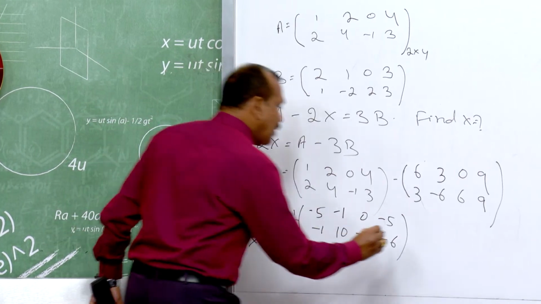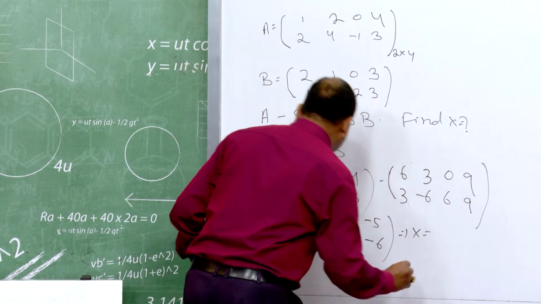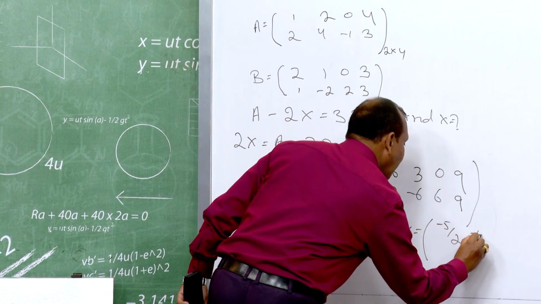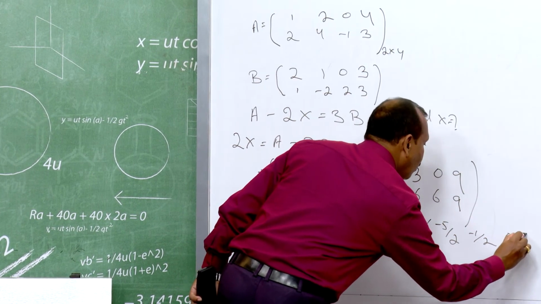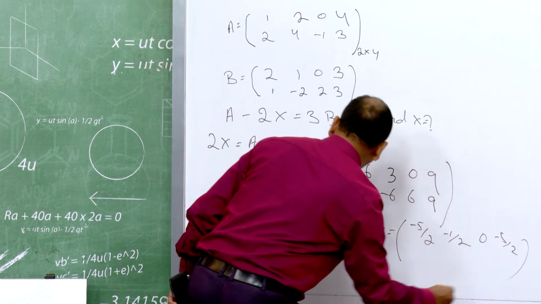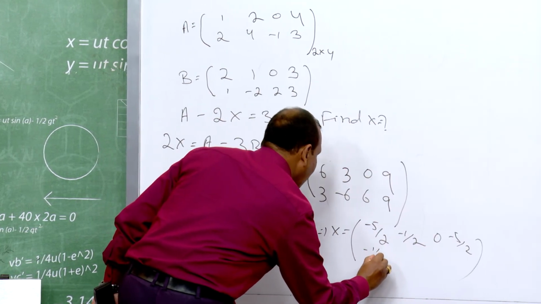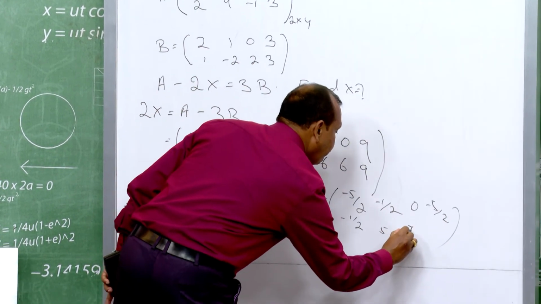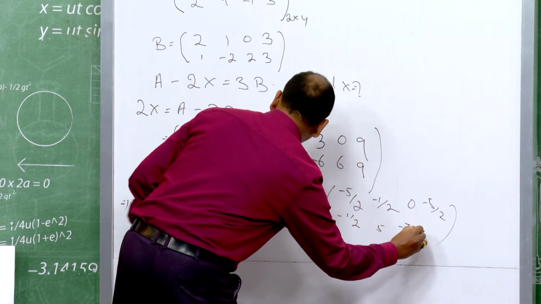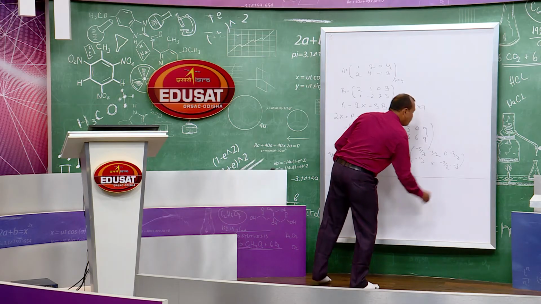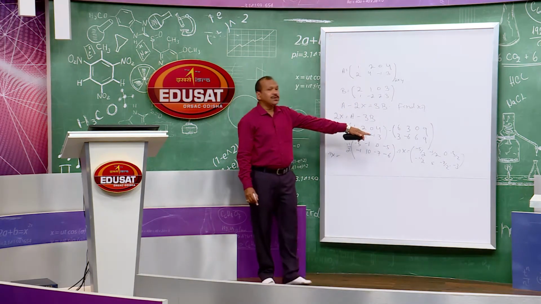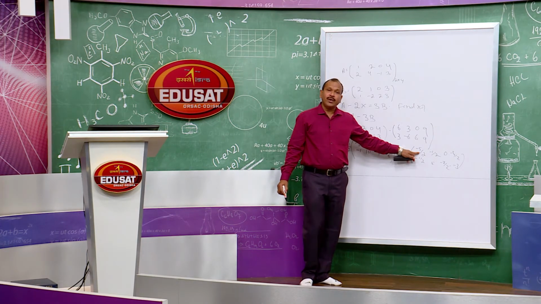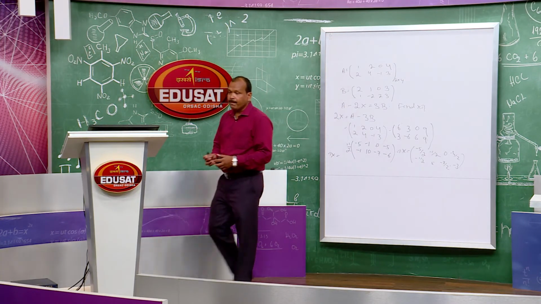Then X becomes minus 5 by 2, minus half, 0, minus 5 by 2, minus 1 by 2, 5, minus 7 by 2, and minus 3. This is the X matrix, which is also a 2 cross 4 matrix.